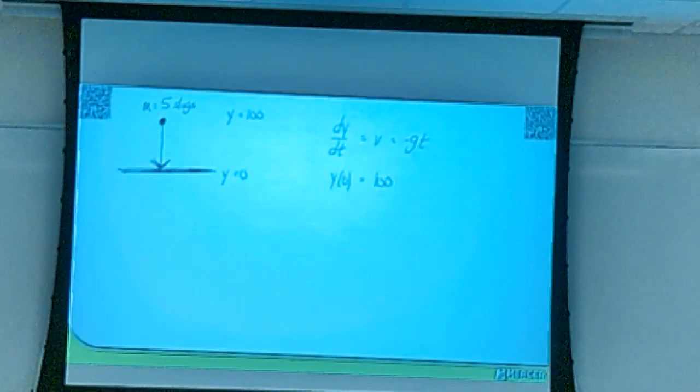We're dropping it from 100 feet. So initially you have a height of 100. There's our initial value problem. Again, that is a really simple initial value problem to solve. Negative 1/2 gt squared plus, call that C1.